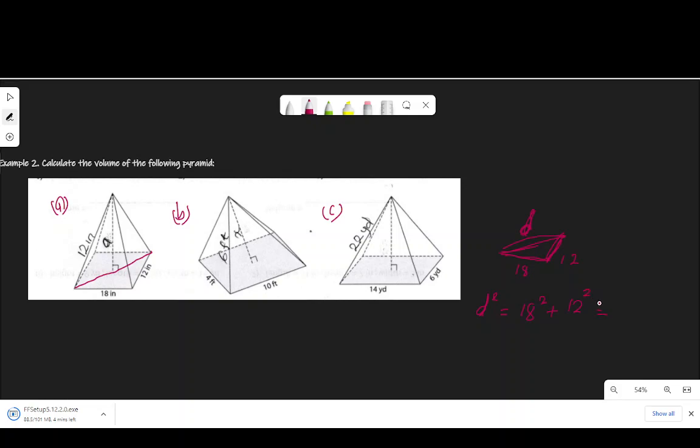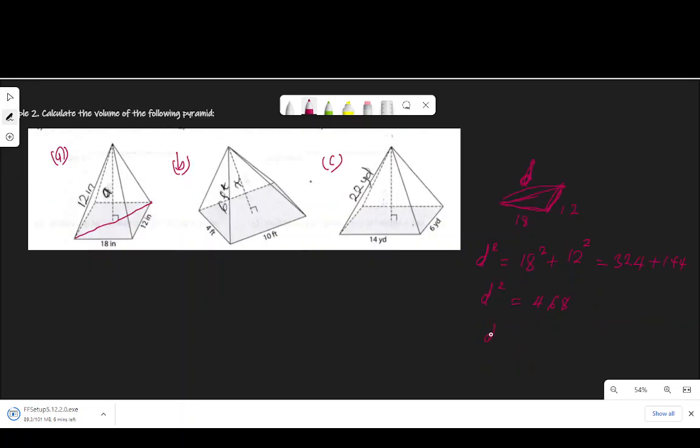I forgot to put square there. 324, 12 square is 144. And 324 plus 144 is 468. So D square is equal to 468.